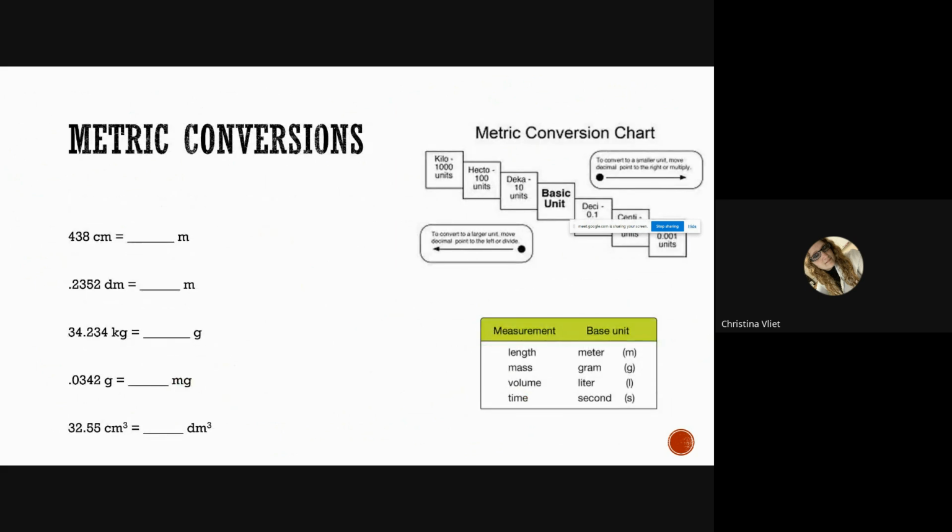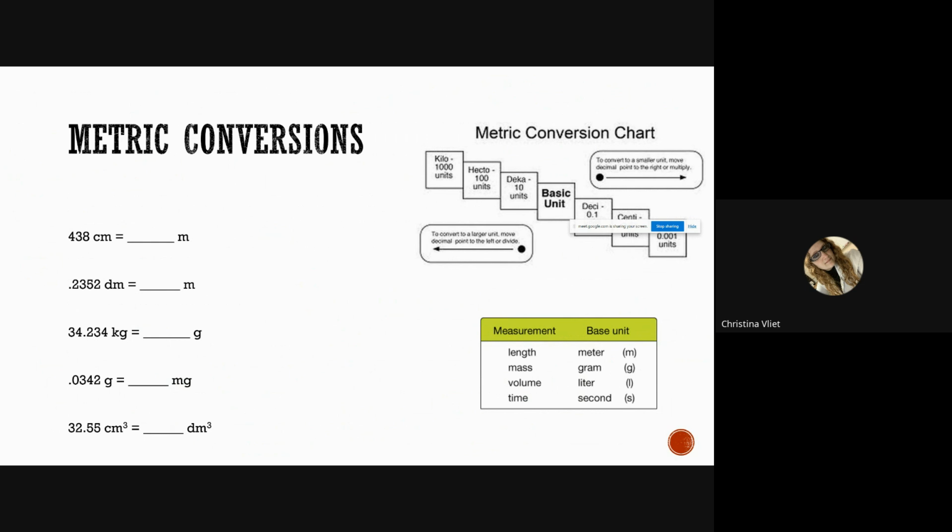Next thing to review, metric conversion. You should just memorize the acronym, because for Cambridge, you don't have to go anything smaller than milli and anything bigger than kilo.